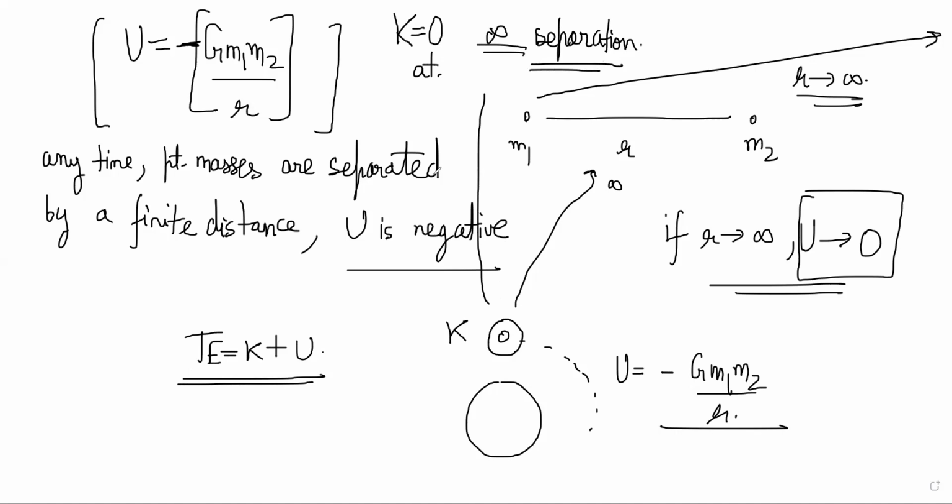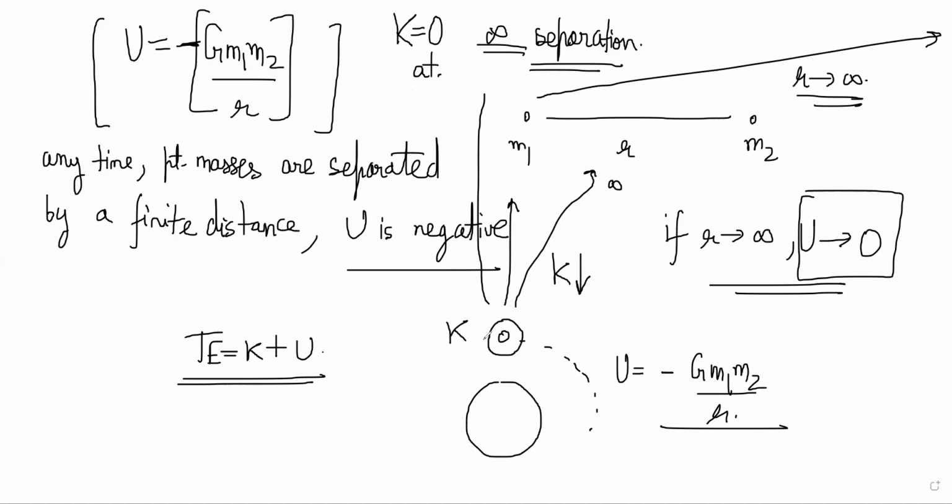If it tries to escape, as you go farther, your kinetic energy becomes lesser, because gravity is doing negative work on you. It is pulling you back, but you are somehow trying to go away. So your kinetic energy will keep decreasing as you move farther and farther.